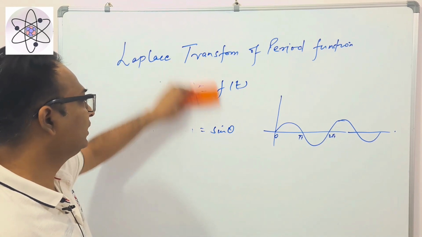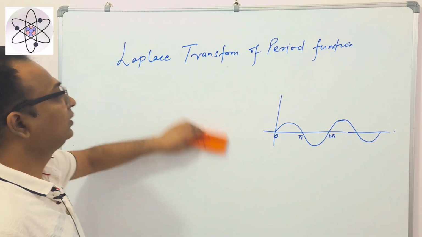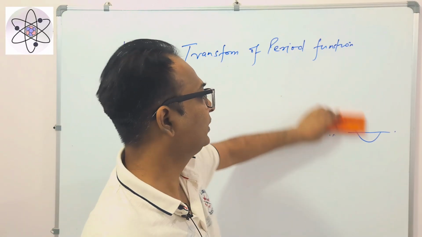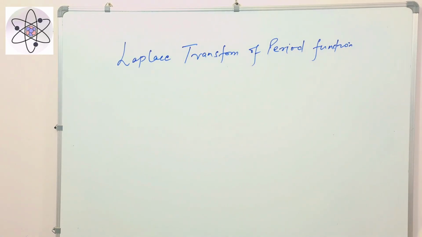So how do we do Laplace transformation of a periodic function? Let's say our function is f(t).